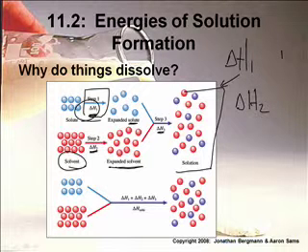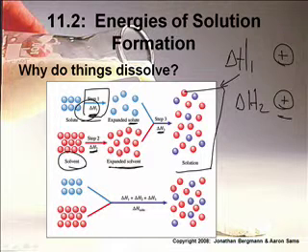Now, both of these will always be endothermic, meaning it requires energy to expand the solute, essentially to break the bonds of the solute to itself, and the same for delta H2, so it will always be endothermic. Endothermic. I said exo, I meant endo, and I wrote positive. It's endothermic. Okay.